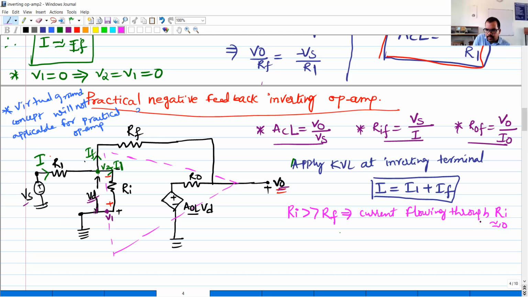That is, I1 is approximately 0. Okay. Therefore, the total current I is approximately IF, right?